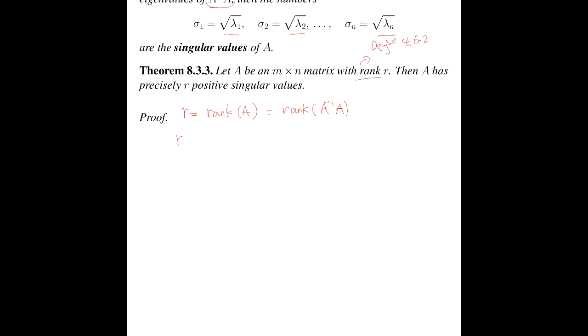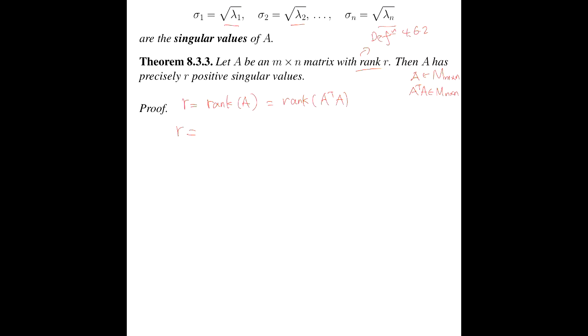Now A transpose times A is an n by n matrix, since A is m by n.